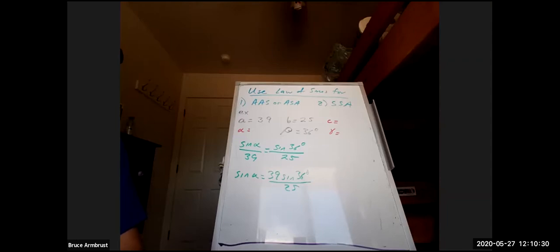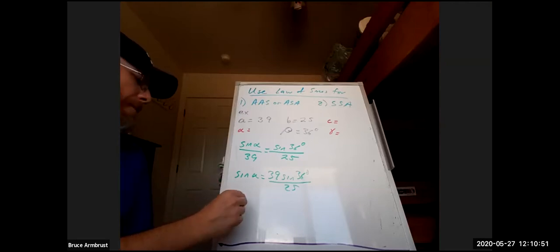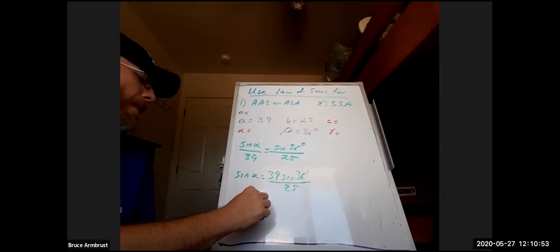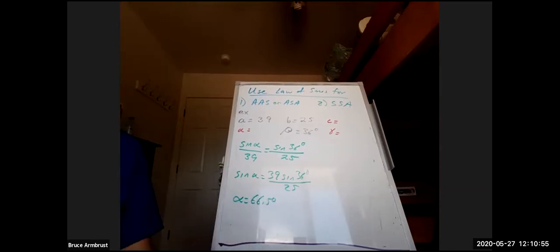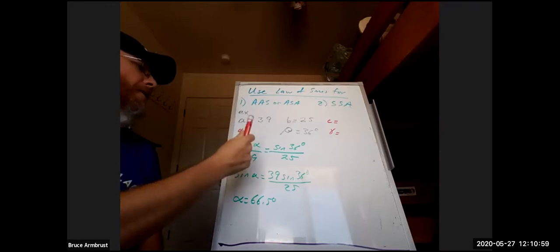So you can take your calculator, put in 39 sine of 36 degrees, divide by 25, and then do inverse sine of that. And I got, rounded to the nearest tenth, 66.5. So let me go ahead and put that up here for alpha.